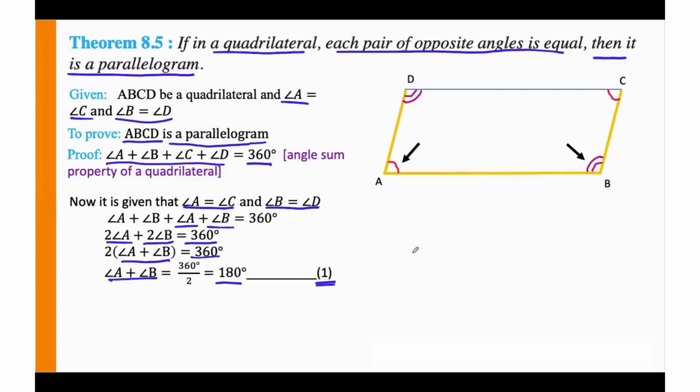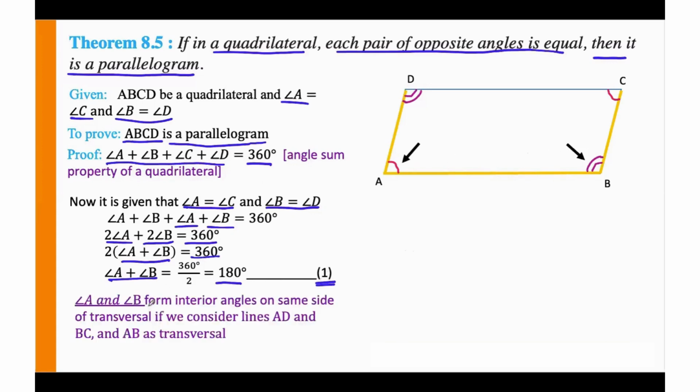Now look at angle A and angle B here. Angle A and angle B form interior angles on the same side of transversal if we consider lines AD and BC and AB as their transversal. So if we consider AD and BC and AB as their transversal here, you can see that these two angles A and B are interior angles on the same side of transversal.